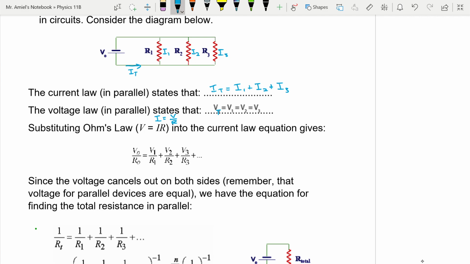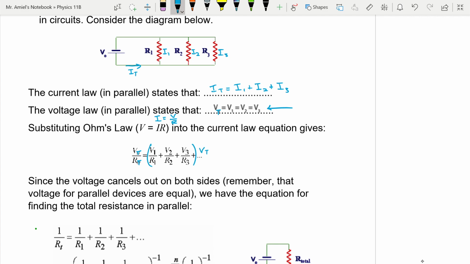Okay, so we've got V over R, so V total over R total, and we've got V1 over R1 plus V2 over R2 plus V3 over R3. Now again, what do we know? Well, we know that all of our voltages are going to equal our voltage total, and that allows us to factor out our voltage total.